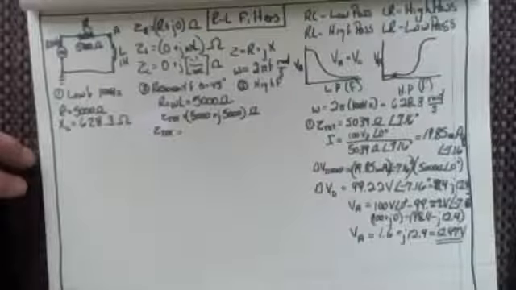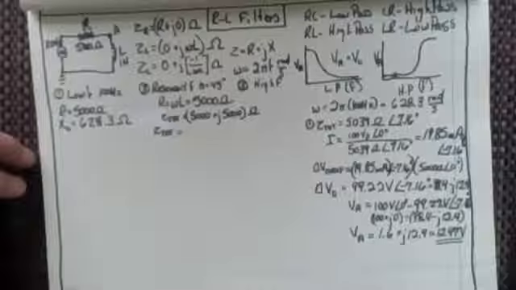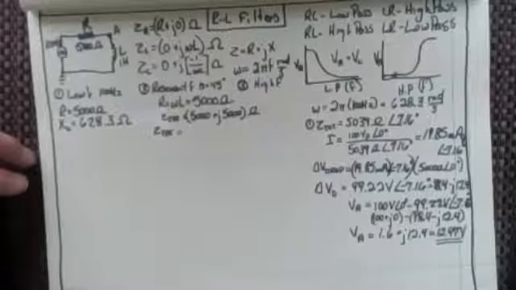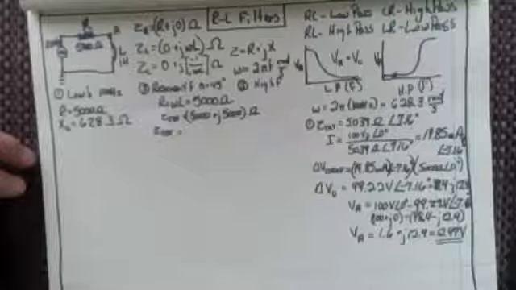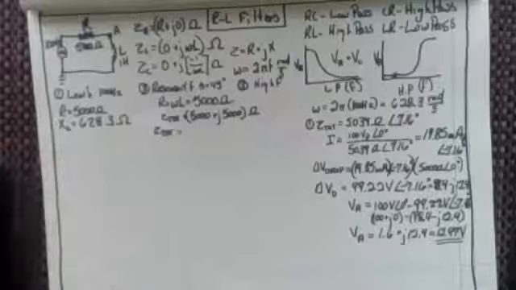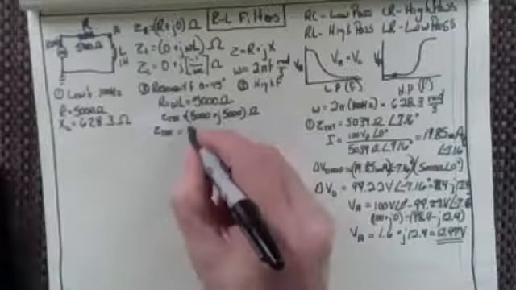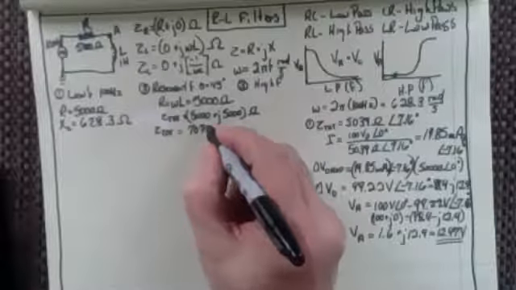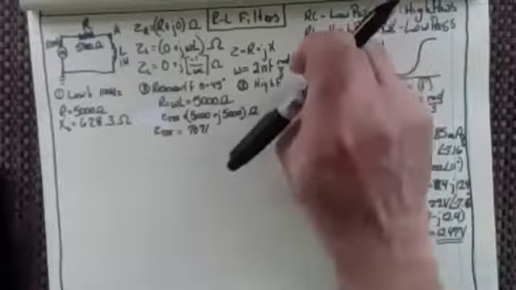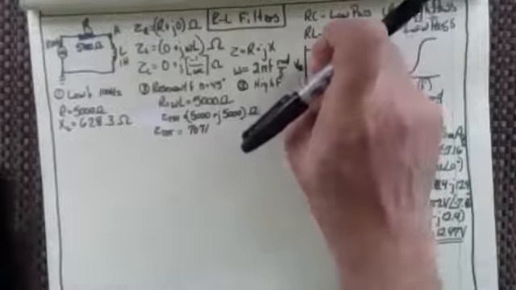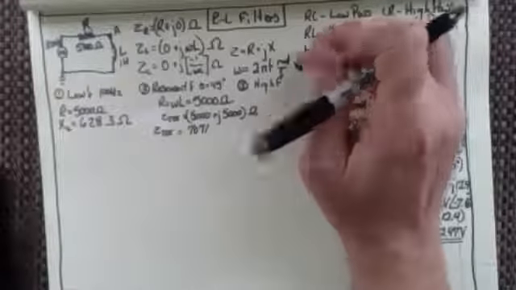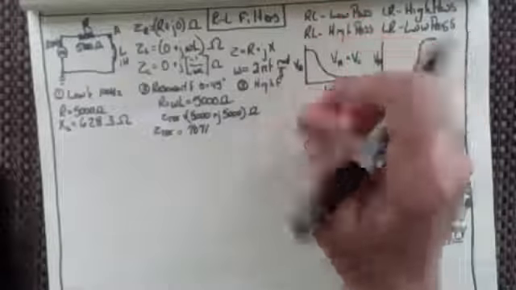Sorry about that. 5,000 squared plus 5,000 squared equals a lot, and then the square root of that is going to be 7,071. There's that 7071, or 1 over the square root of 2, that keeps coming back at us over and over again, doesn't it?